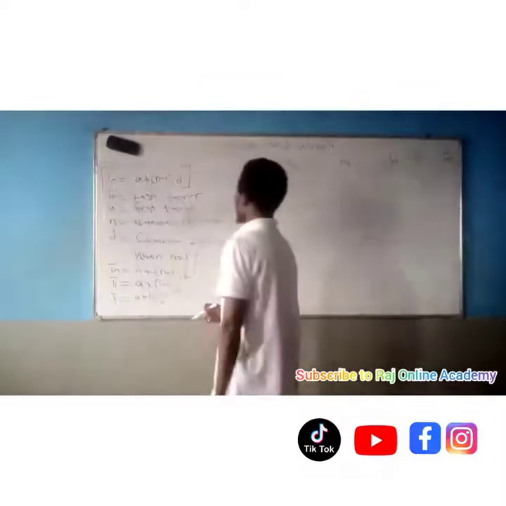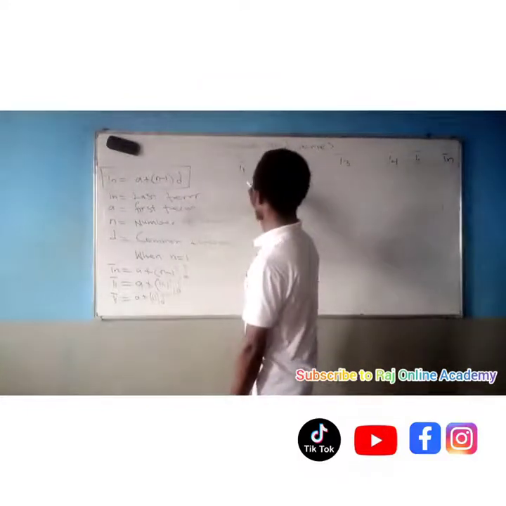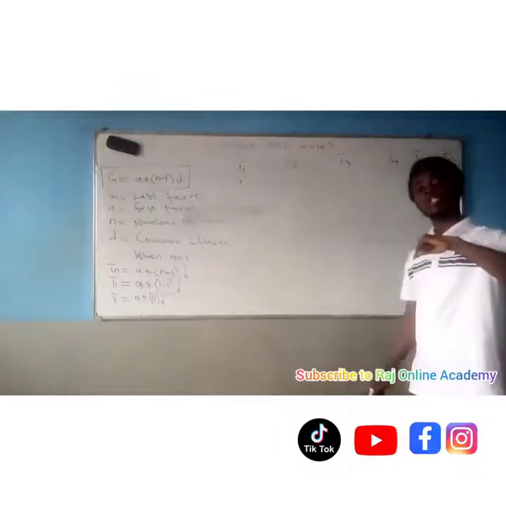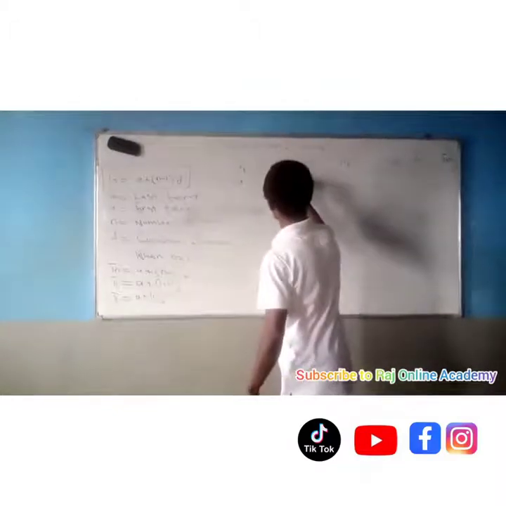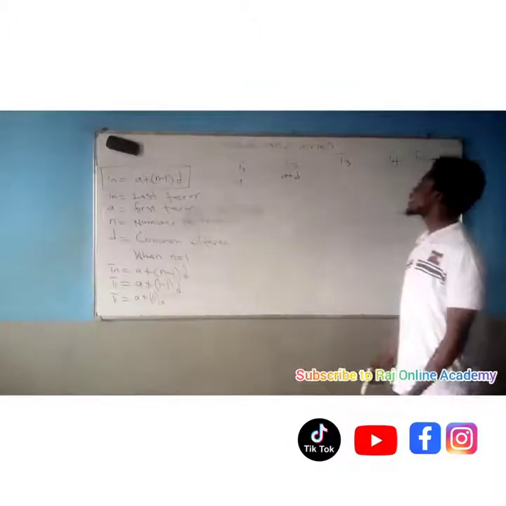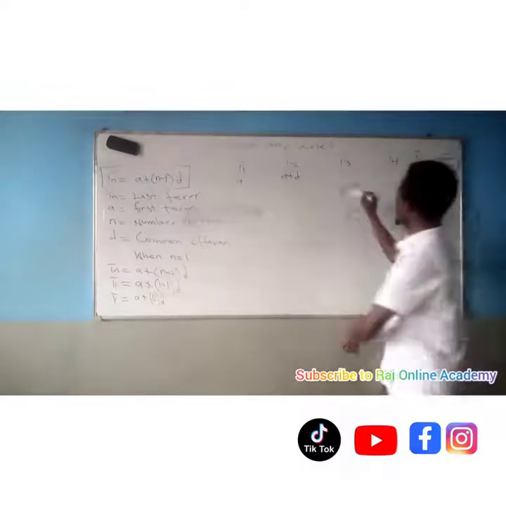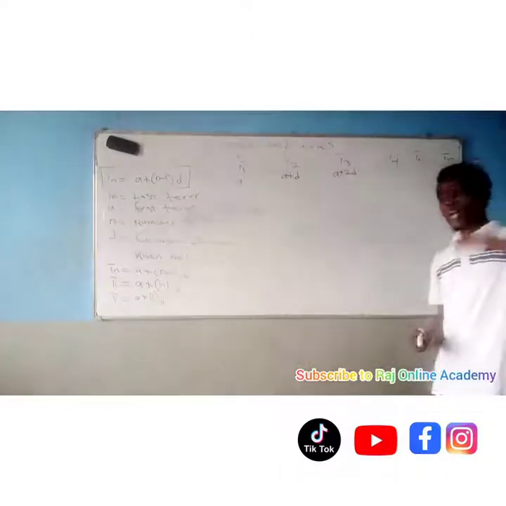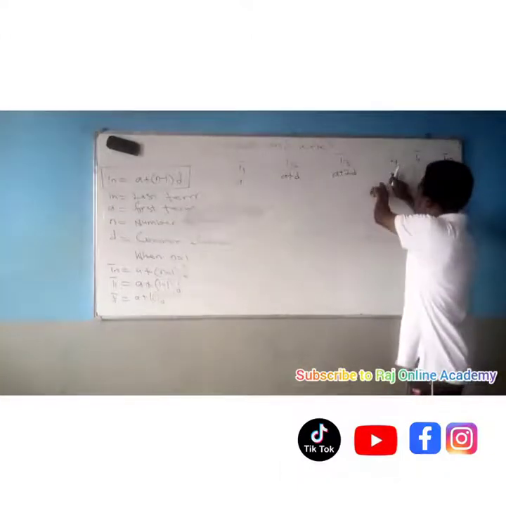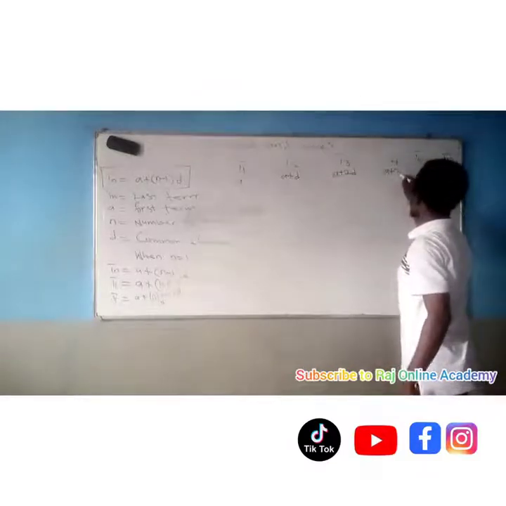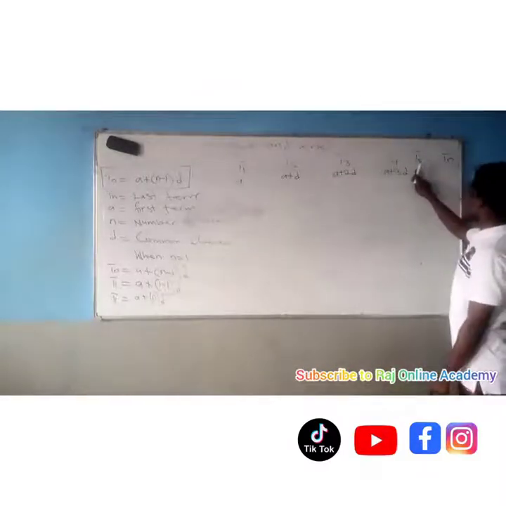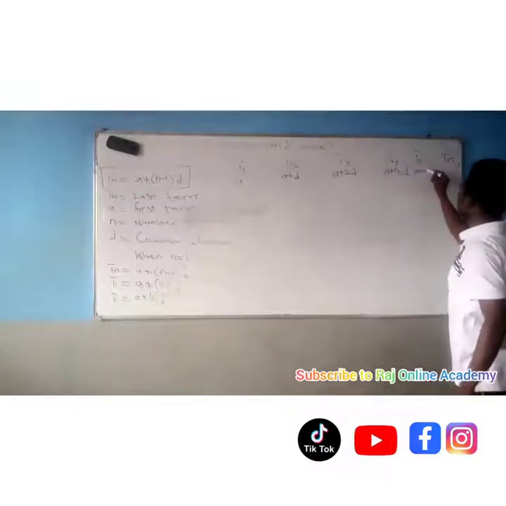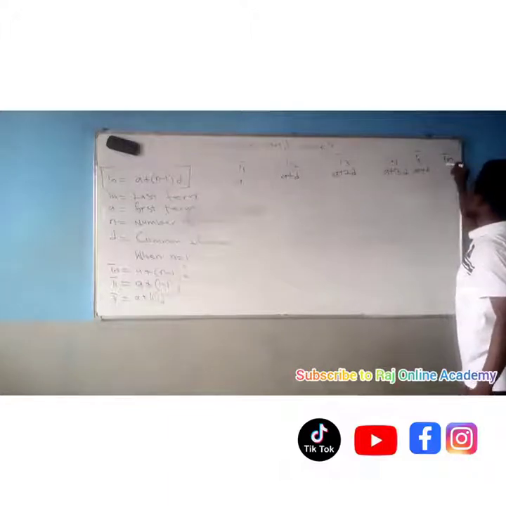But mind you, the first term T1 is A. The second term, T2, is A plus D. The third term, T3, is A plus 2D. The fourth term, T4, is A plus 3D. The fifth term is A plus 4D, and so on.